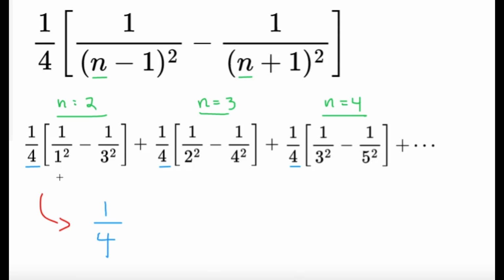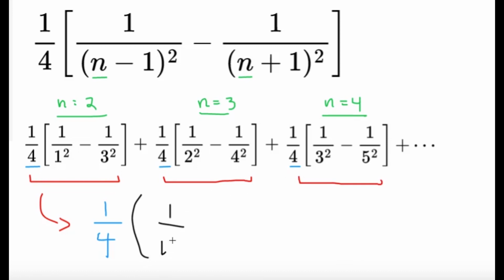If n equals 2, it's going to give this term: 1/4 times (1 over 1 squared minus 1 over 3 squared). I'm just substituting the n's into the partial fractions. Same for n equals 3 and n equals 4. It's a nice summation, because after I factor out the 1/4, I have 1 over 1 squared minus 1 over 3 squared, and then plus 1 over 2 squared minus 1 over 4 squared.